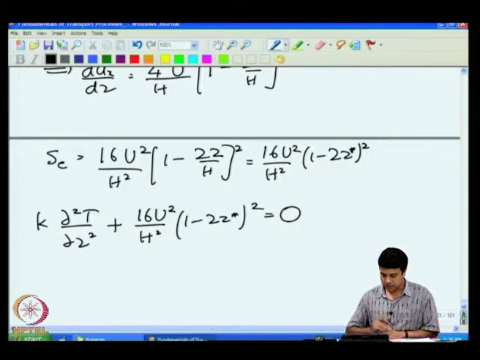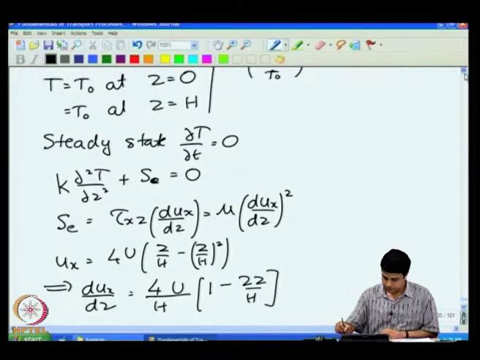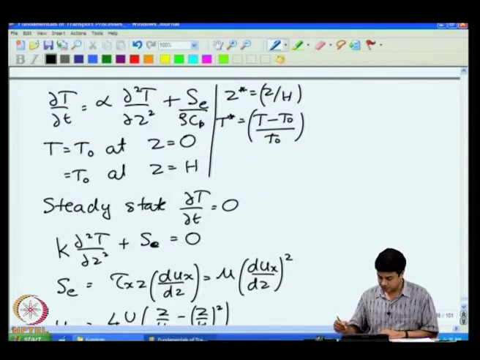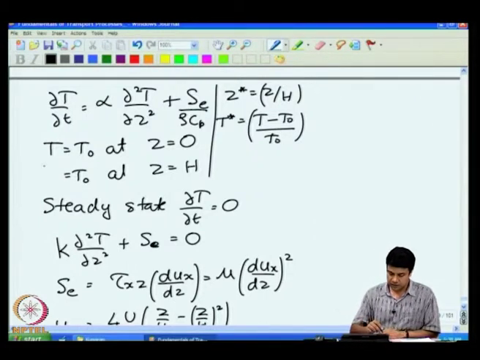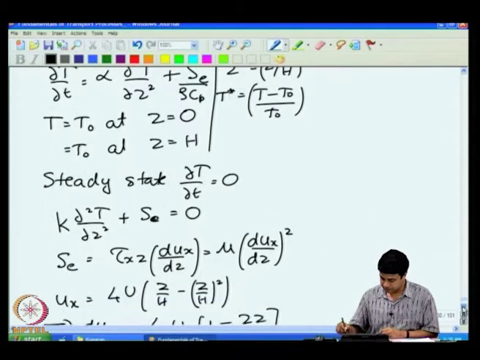Scalings, I had defined z star is equal to z by h and T star is equal to (T minus T naught) by T naught. So that I have T star equal to 0 at both boundaries.